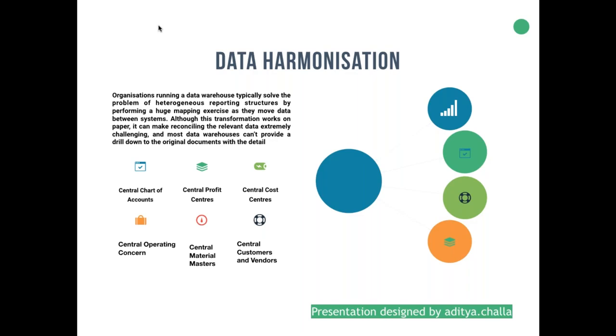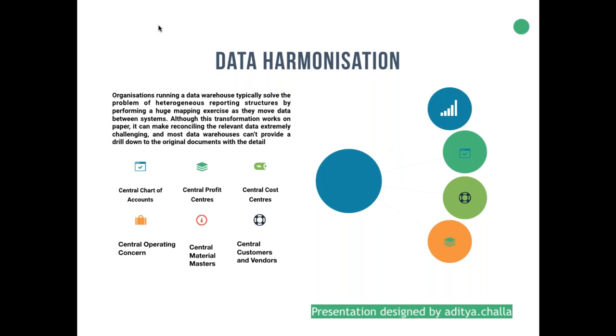Sometimes we struggle to collect the information, and most data warehouses cannot provide a drill-down to the original documents with the detail. Just now I told you, when you post any CO document, it reconciles with FI and also with the supporting documents. Automatically it generates different document numbers for the actual document number, but the supporting documents also get updated so that it consolidates all the information for drill-down reporting.